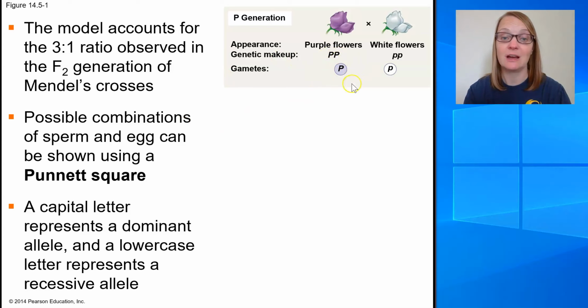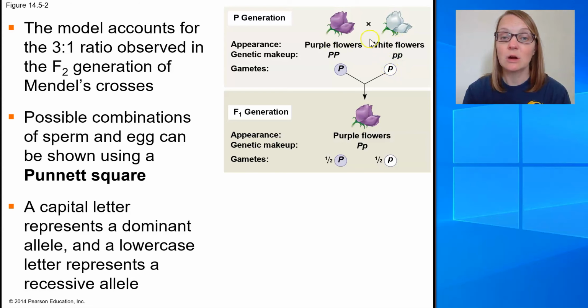So all gametes will have the capital letter P, or the dominant allele. Same thing goes for the white flowers, except in this case it's going to be the recessive allele. When they form their gametes, they give each gamete one copy of each gene. For the flower color gene, the only allele version that the white flowers have is the recessive allele, so all their gametes will get the recessive version of the gene.